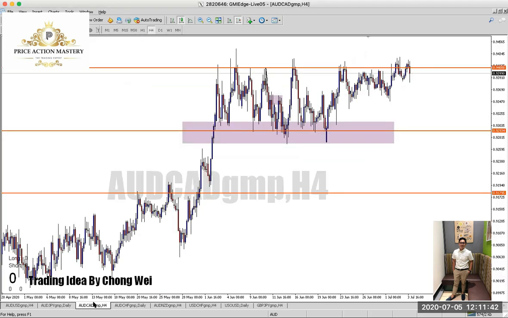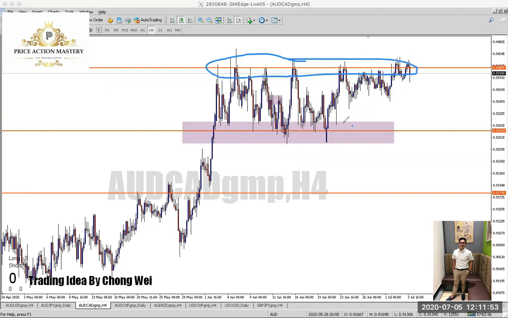And then another would be AUD CAD. AUD CAD is very clear, it's in a range market, as you can see, with resistance and support. But looking in more detail, the buyer is getting stronger and stronger.